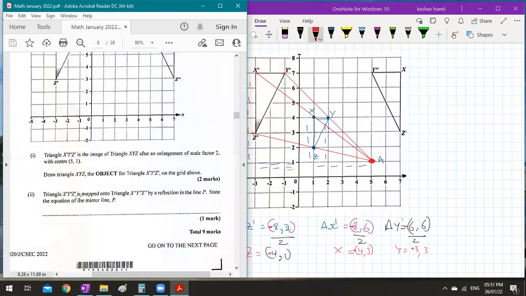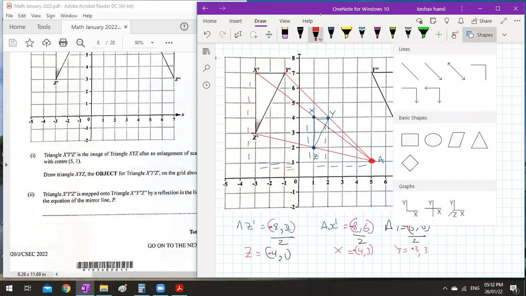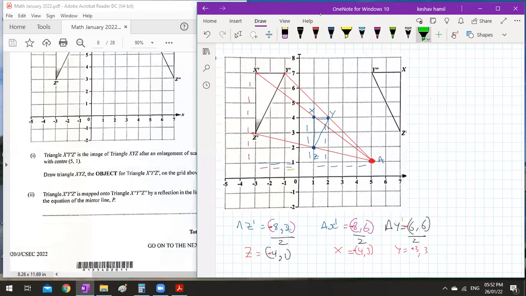The triangle X prime, Y prime, Z prime is mapped onto X double prime, Y double prime, Z double prime by reflection in the line P. State the equation of line P. Now, how are we going to do that? We have to basically find half the distance, right? So we want the distance here to here, here to here.